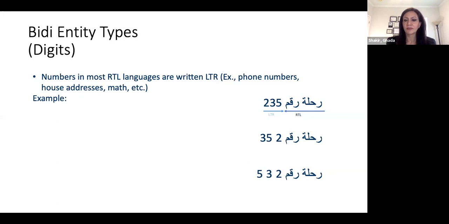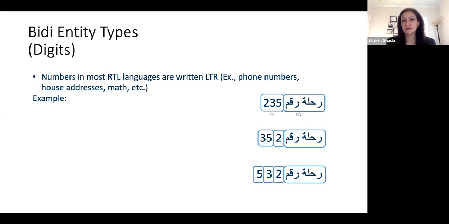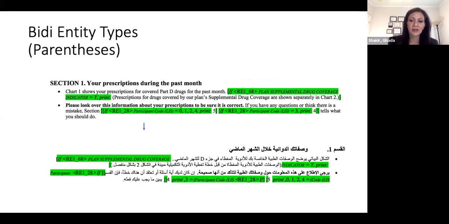Because these numbers follow the directionality of the characters that precede them, because they are weak entity types, and the characters in the Arabic text here are strong entity types.